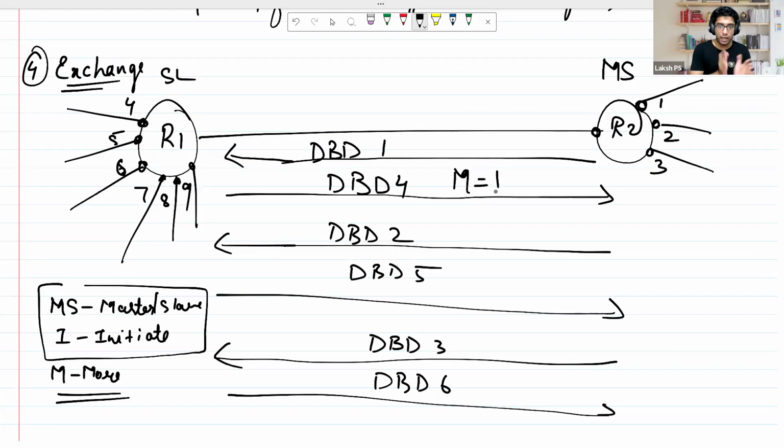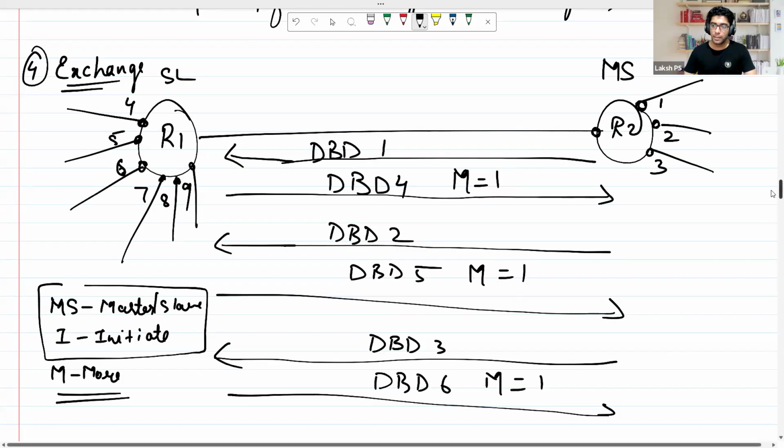Whenever the slave responds to the master, it sets the M bit to 1, saying that I have more DBDs to share with you. So when R1 sends the DBD number 4, it sets the M bit to 1. When it sends the DBD number 5, it sets the M bit to 1. When it sends the DBD number 6, it sets the M bit to 1.